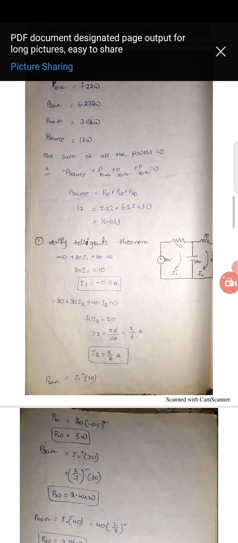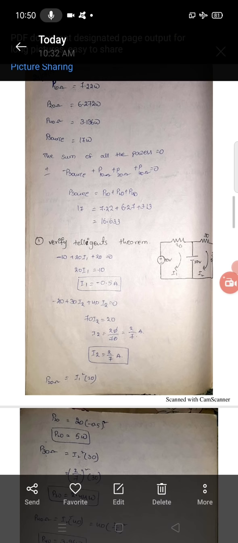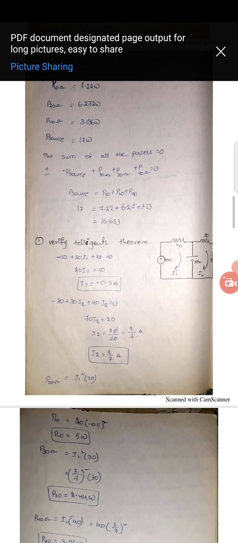Then the power absorbed by the 20 ohm resistor. The current flowing through that resistance is I1, so that is I1 square into 20, right? I1 value is minus 0.5. So the power absorbed by the 20 ohm resistor is 20 into minus 0.5 whole square, that is 5 watts. Similarly, the power absorbed by the 30 ohm resistor.